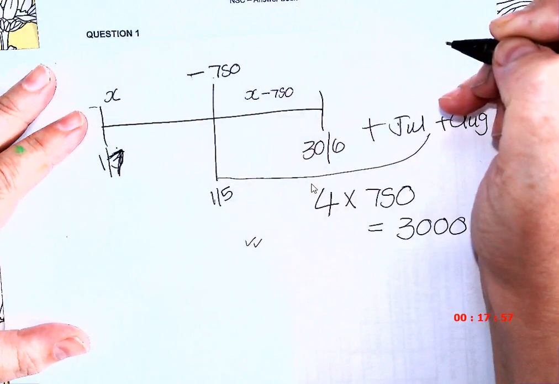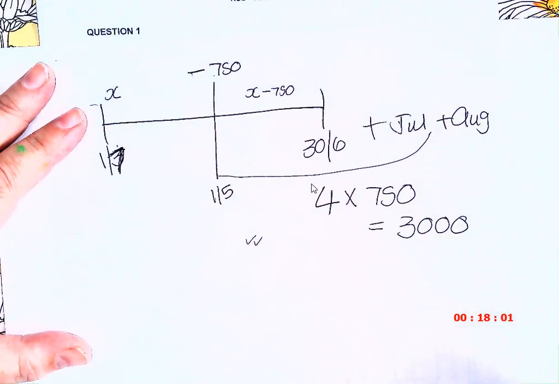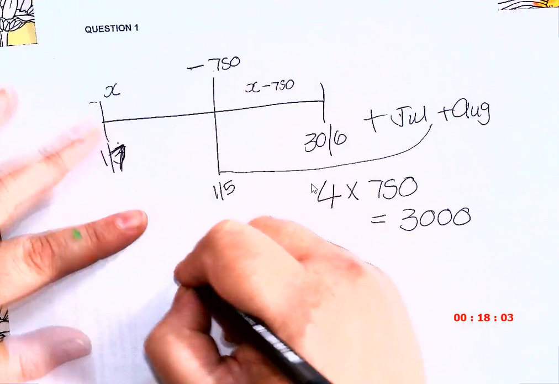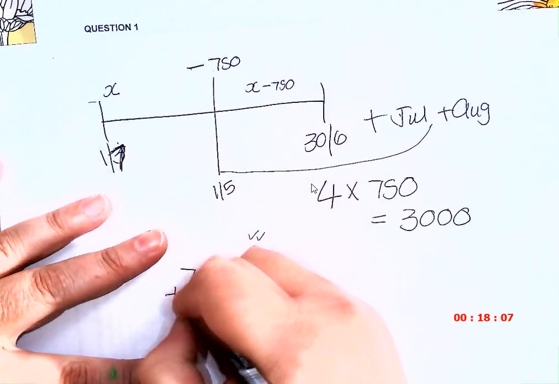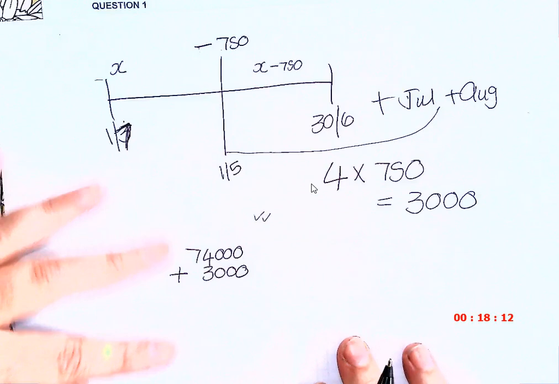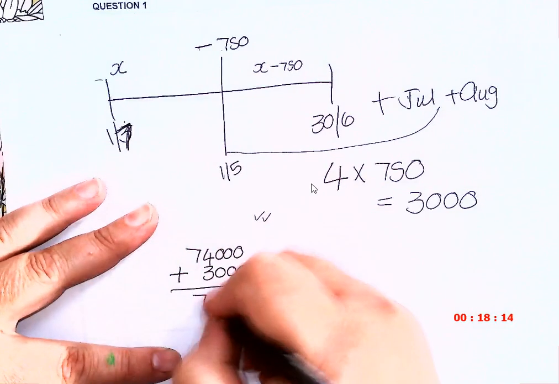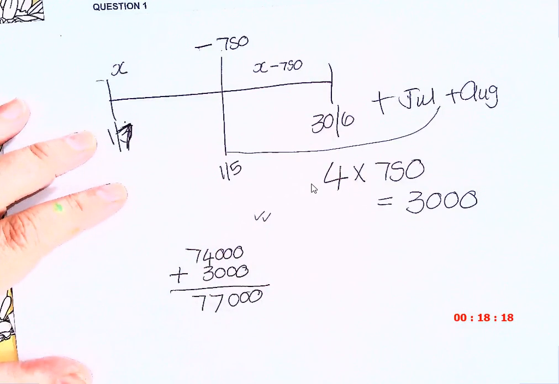You see me? So can you see what I'm going to do now? I'm going to say, I received 74,000. For 4 months, I received less. But if I didn't receive less, I was supposed to receive 77. You see, I added that. Does it make sense to you?